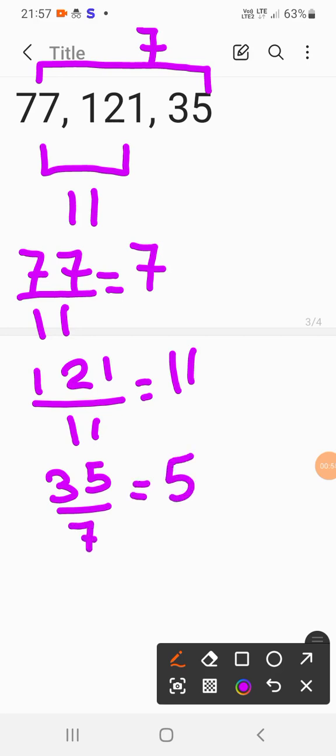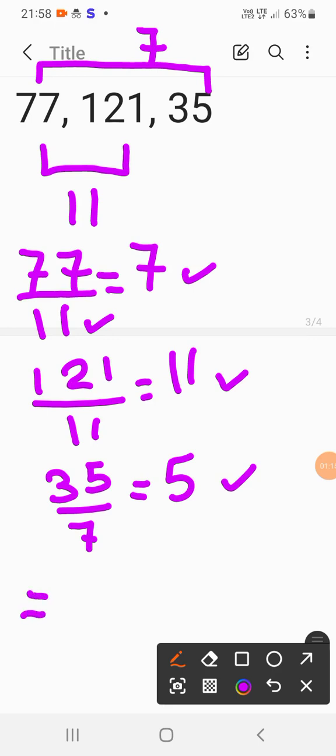Now we will multiply 11, 7, 11 and 5 to get the LCM. We multiply this 11 because it is common in the tables of 77 and 121, and we divided both these numbers by 11.